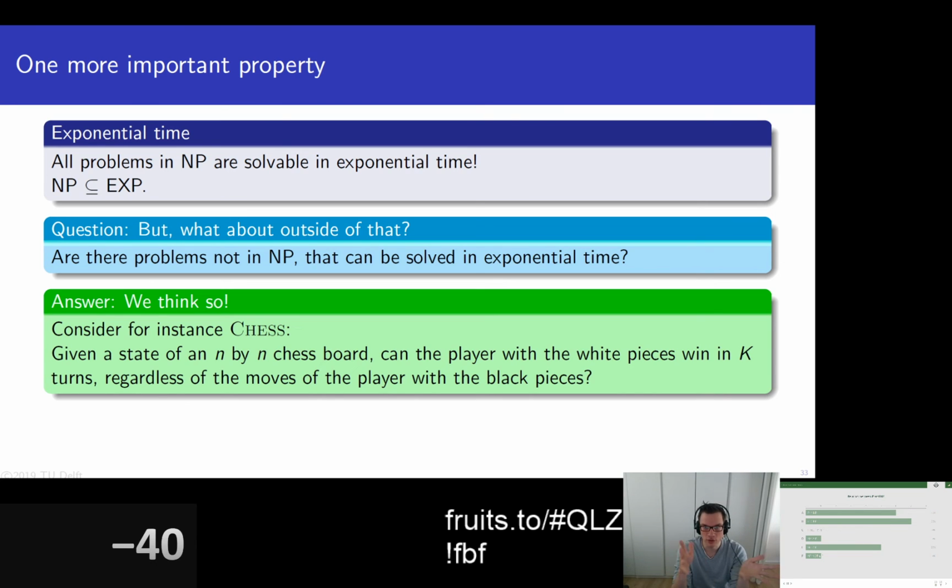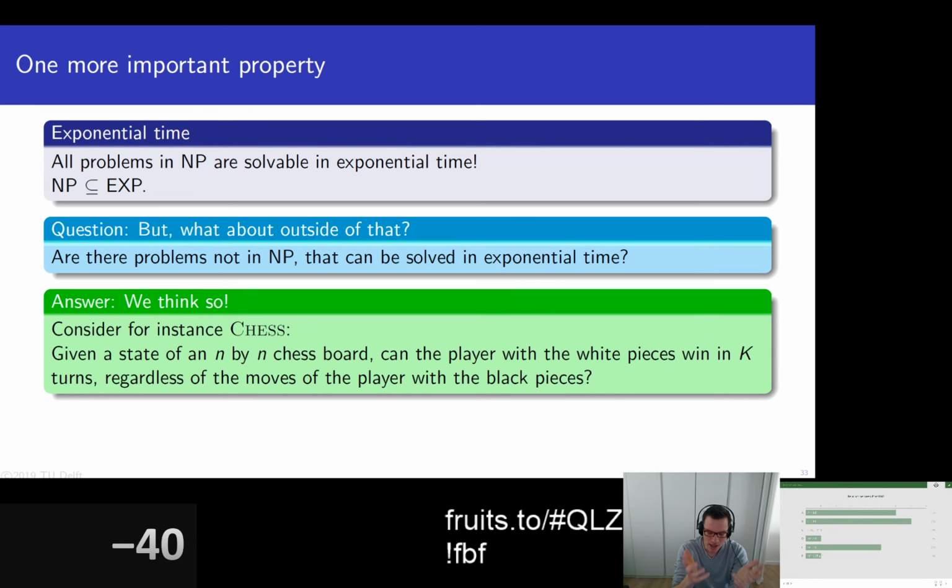Given the state of an n by n chessboard, if it were 8 by 8, then it would be solvable in constant time even, because there's only a constant amount of configurations, an enormous amount, but a constant amount. So we need an n by n chessboard. Can the player with the white pieces win in k turns, regardless of what the other player does?